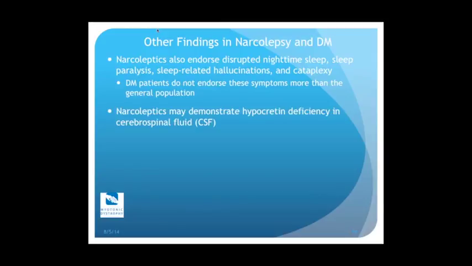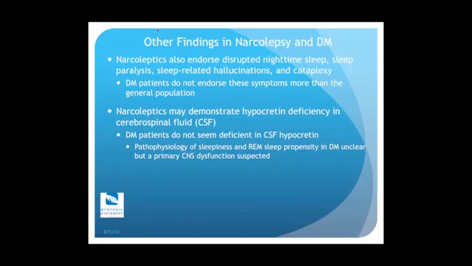And this could be a whole discussion, but there's a test that we can do to measure hypocretin in the spinal fluid, and it turns out that if you have narcolepsy with cataplexy, you might lack this hypocretin molecule. There have been a few studies on this in a few myotonic dystrophy patients, and maybe one or two have been shown to be deficient, but I think they're clearly outliers.